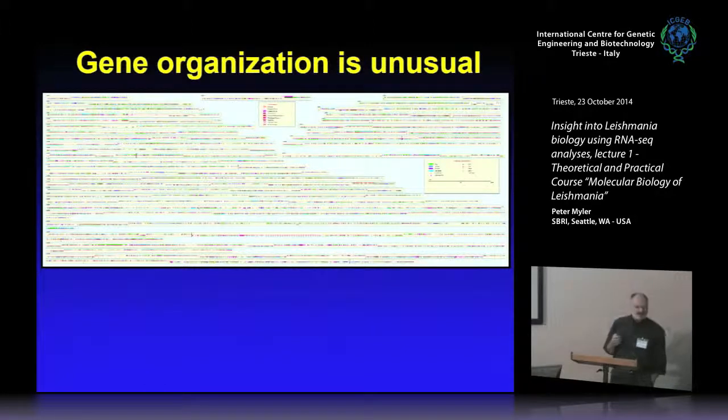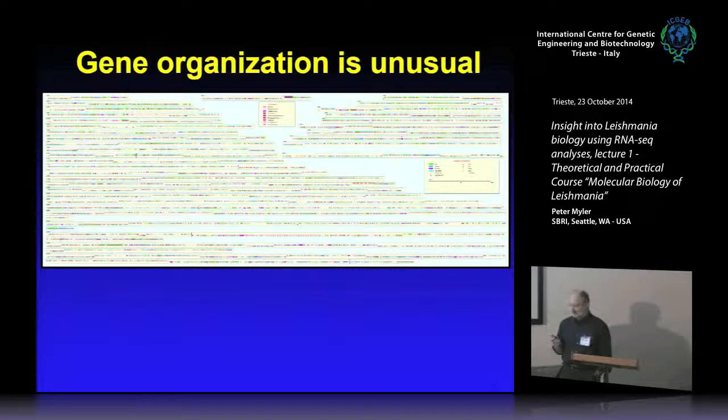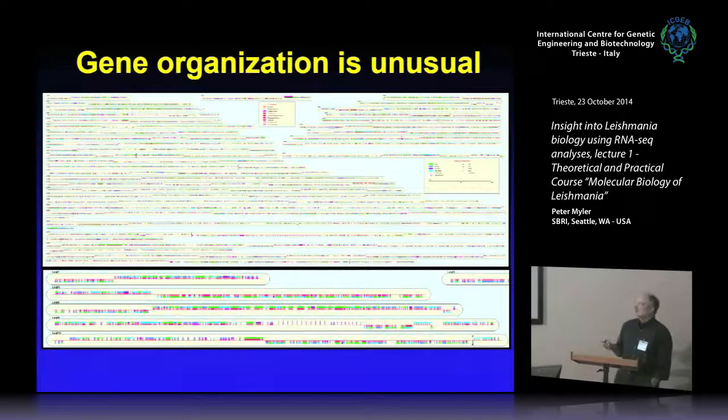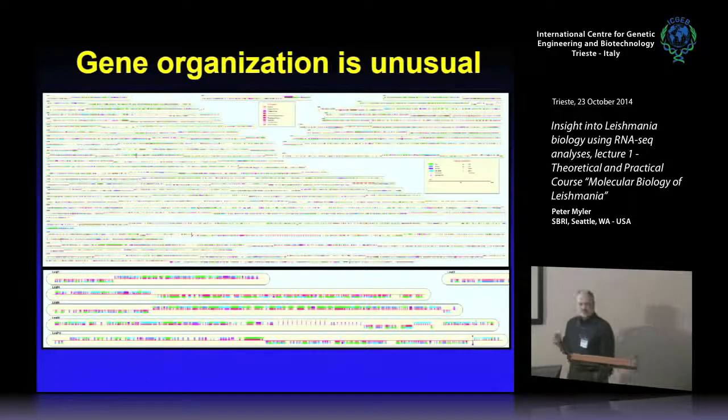The organization of the trypanosomatid genomes is unusual. This is the L. major genome. There are 36 chromosomes. I'm sure you all know that. If we zoom in and look at some of the smaller chromosomes, what you'll notice immediately is that the colored rectangles are protein coding genes, and they are not randomly distributed between strands, which is generally the case in most other organisms.